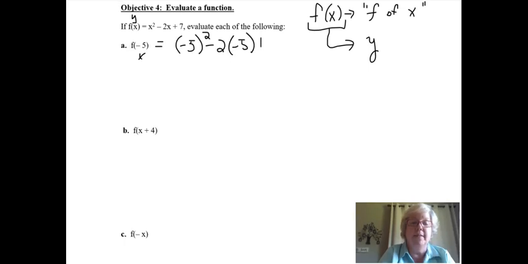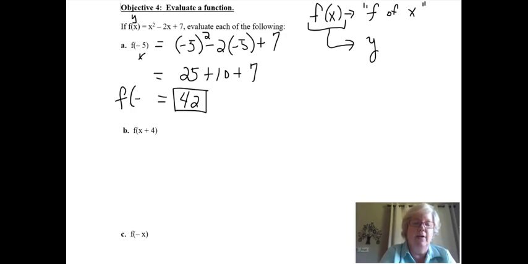Now I use parentheses because it will help me keep my signs correct. -5 times -5 is 25. -2 times -5 is +10. And then of course when I add this together I end up with 42. So my answer for F of -5 is 42. And that's how you use the function notation.